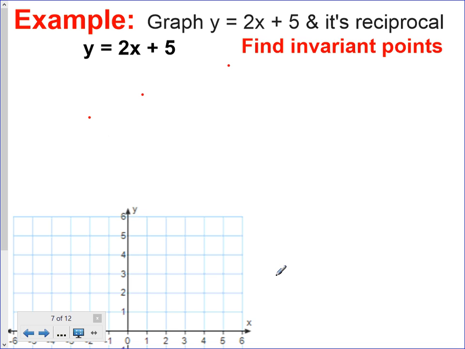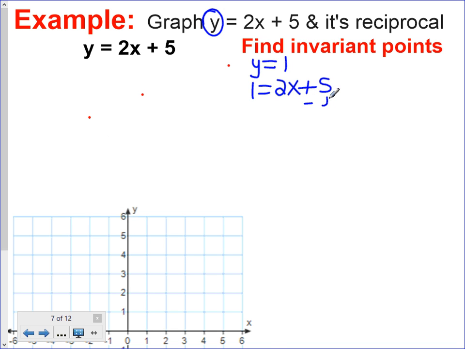So let's look at an example here. We have this graph, y equals 2x plus 5, and we want to graph the function and its reciprocal. So let's start with these invariant points. Those are the invariant points of y equal to 1 and y equal to negative 1. So let's look at 1 first. I'm going to substitute y for 1 right here, and I end up with this equation, 1 equals 2x plus 5.